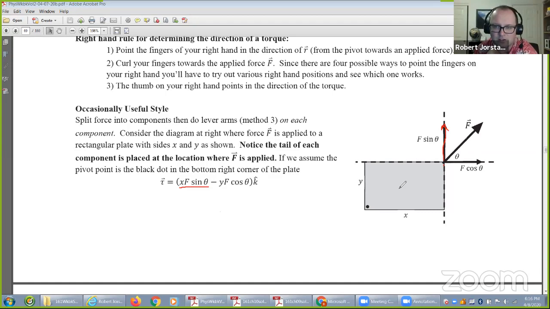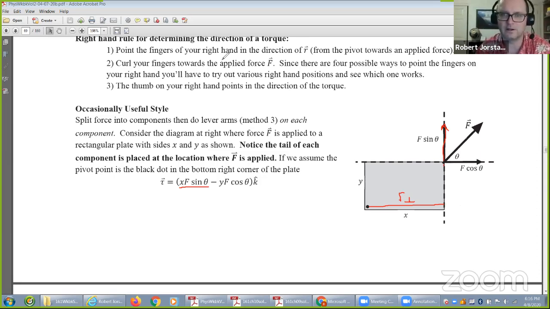Verify that this one causes a torque. This is R perpendicular. Line up your hand with R perpendicular for the red force component. Now, curl your fingers, and I see that my thumb points out of the page. I go from the pivot to the force with the right hand rule, and my thumb shows.